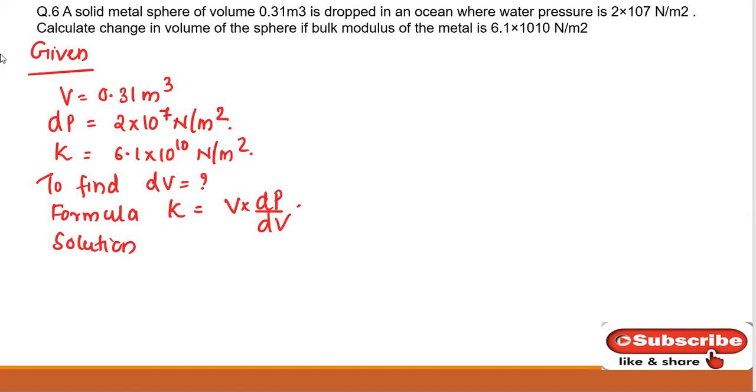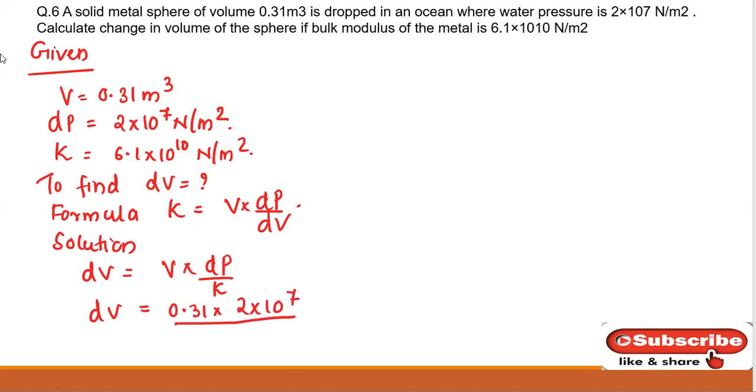on cross multiplying we will get dV is equal to V into dP upon K. That is dV is equal to, V is 0.31 into dP is 2 into 10 raised to 7 divided by K is 6.1 into 10 raised to 10.